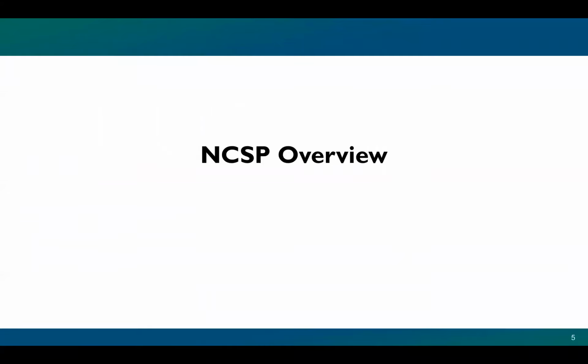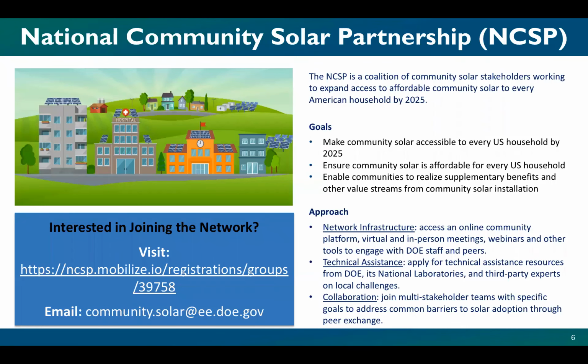I want to give you a quick overview of the NCSP as a refresher, and for anyone who was not able to join last week's webinar. The NCSP is a coalition of community solar stakeholders that are working to expand access to affordable community solar to every American household by 2025.